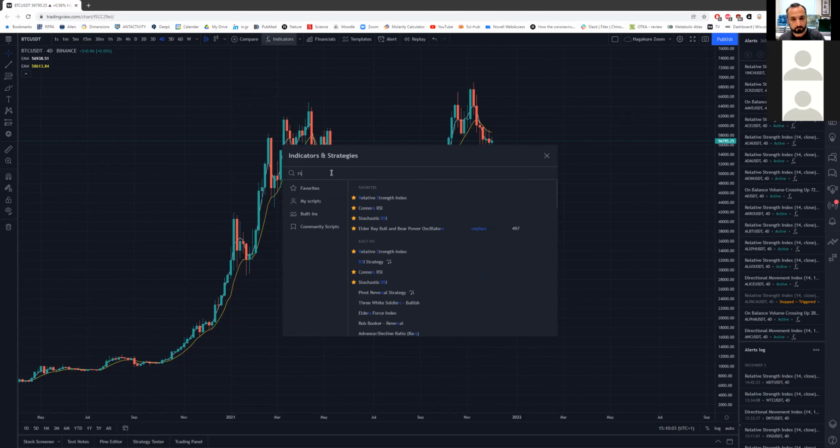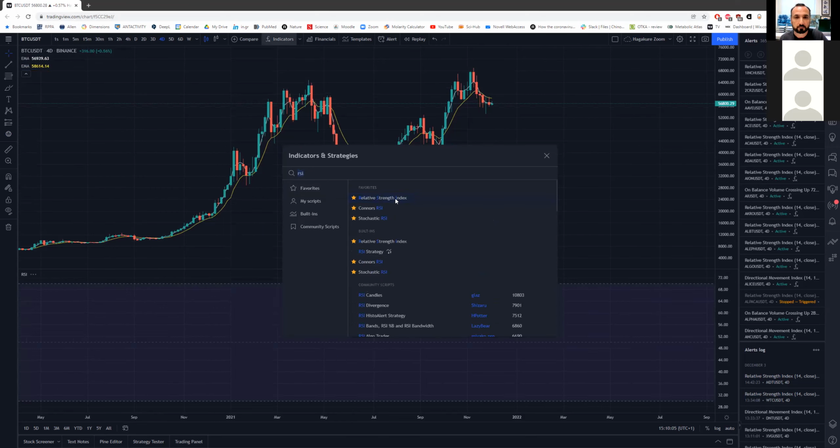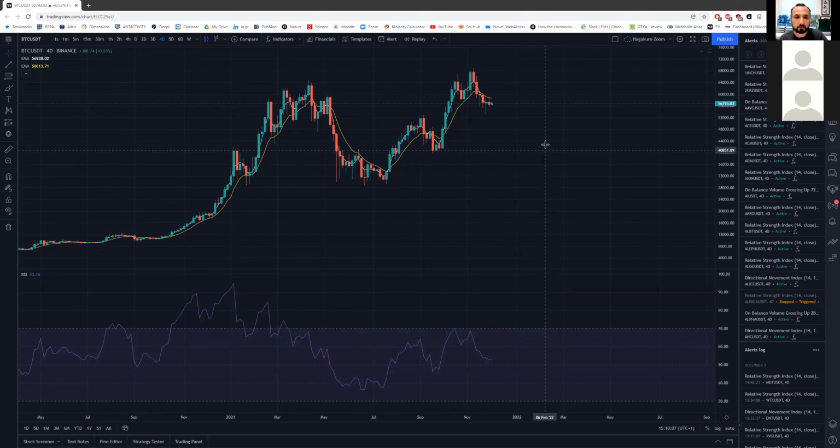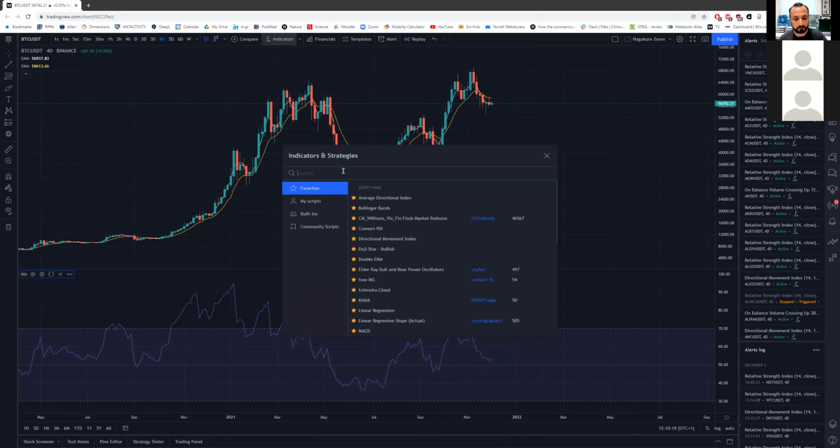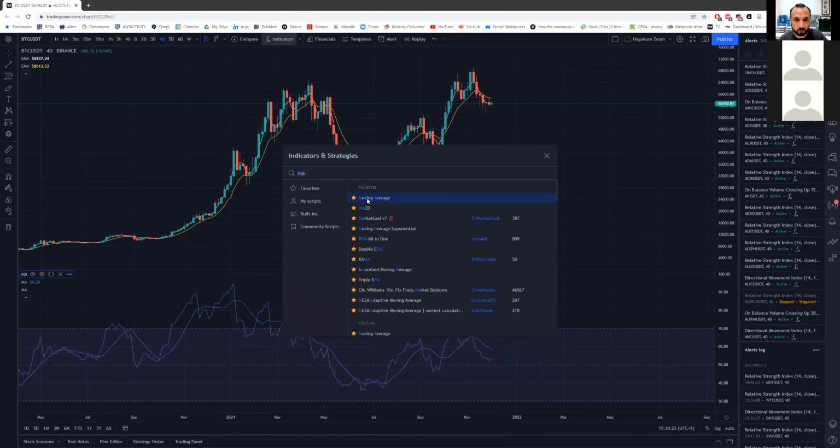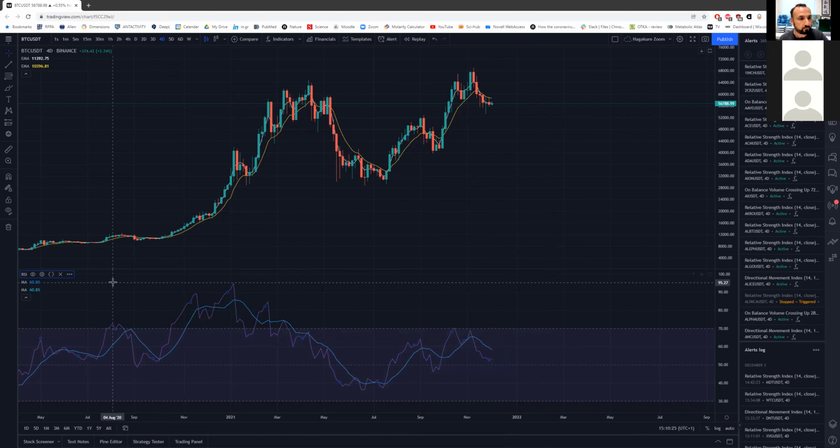indicators RSI, relative strength index. That should appear on the bottom. Okay, now in the RSI, you right click on the RSI line and you click add indicator. In the add indicator, you type MA, that's for a moving average, click it twice.